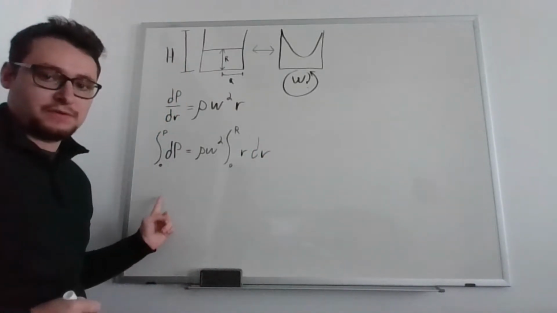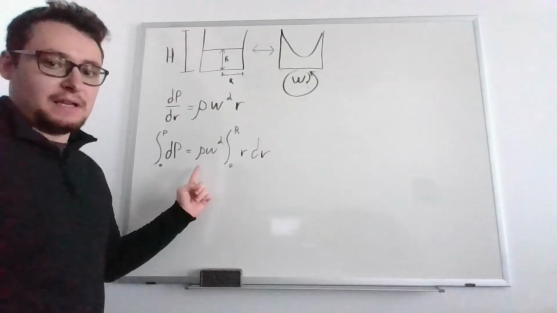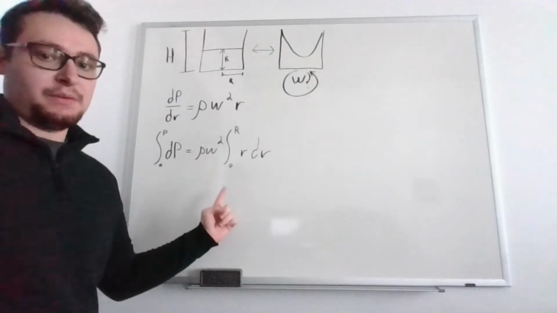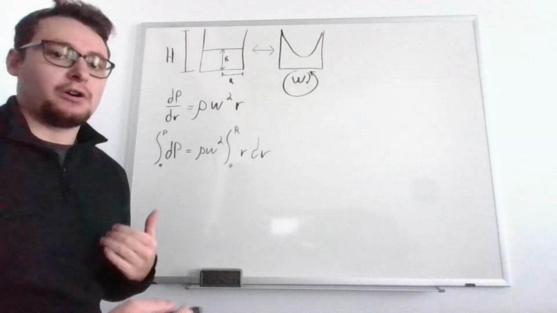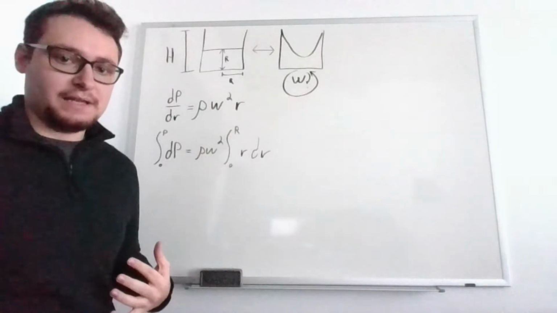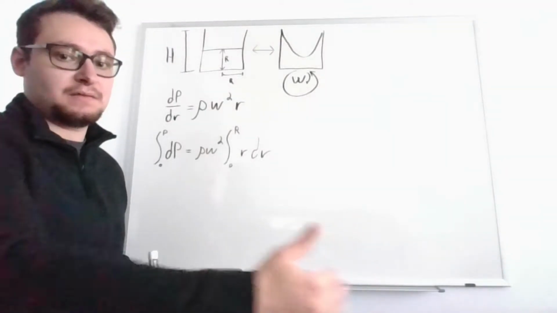So we have our bounds from 0 to P dP, which will just end up being P. We have the density and the angular velocity out front, and we have this 0 to big R. So little r is just some point along our bounded radius, and then 0 to R is the radius, essentially, where 0 is the center point and R is the maximum radius.